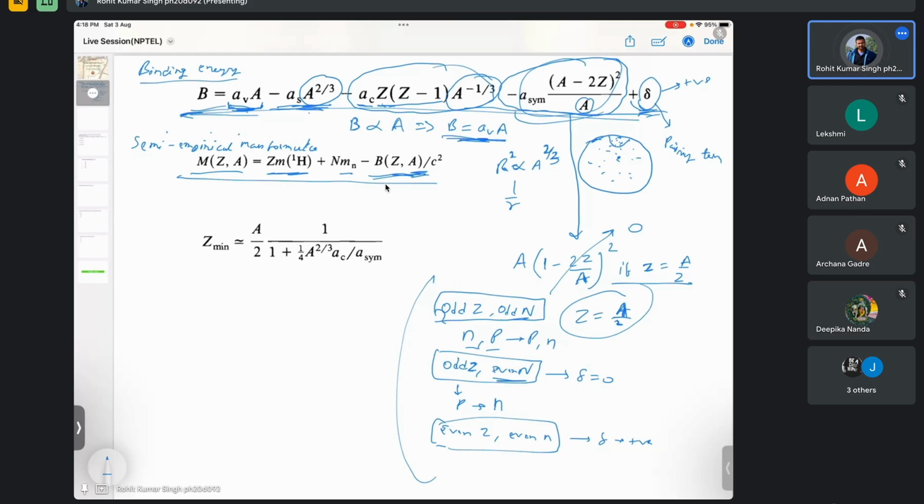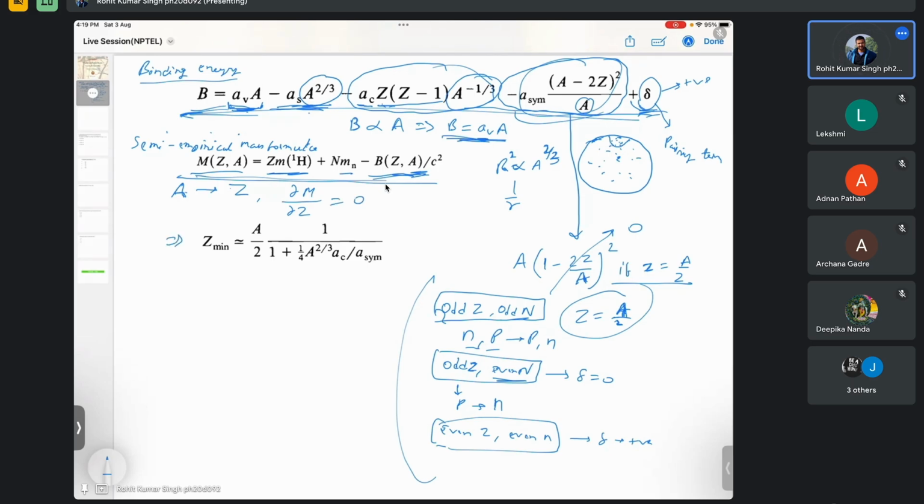then what you can do is, for a particular mass number A, you can find a stable nucleus with number of protons Z. So to do this, you just have to differentiate this term with respect to Z, put it to 0, and then you will get this thing.